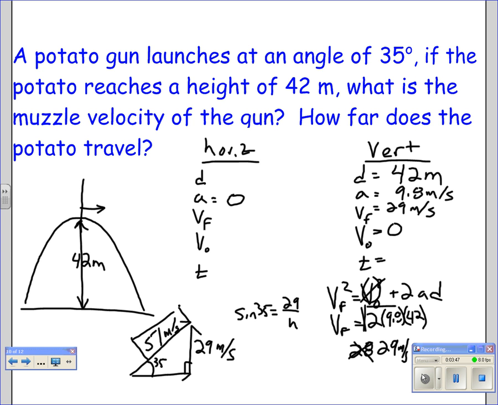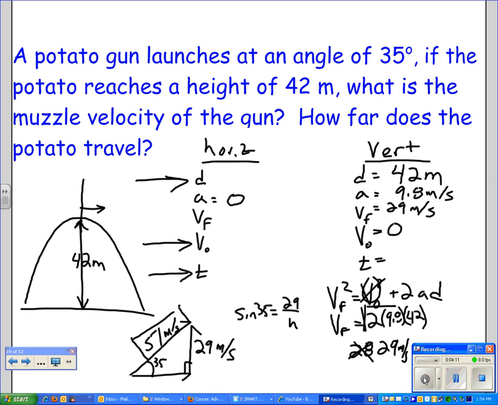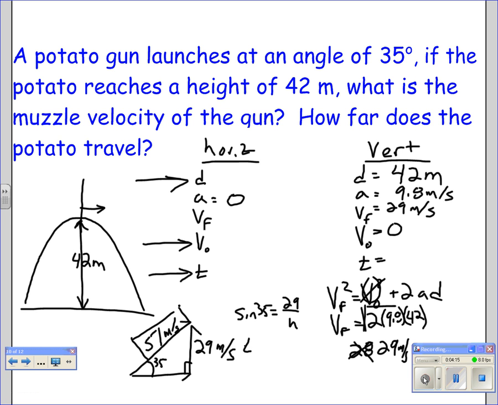How far does it land? That's horizontal distance. Now, to figure out horizontal distance, I need to know horizontal speed and time, because distance is speed times time. Well, the horizontal speed I can figure out from my triangle right here. So for this, to figure out this side, I'm going to say tangent.